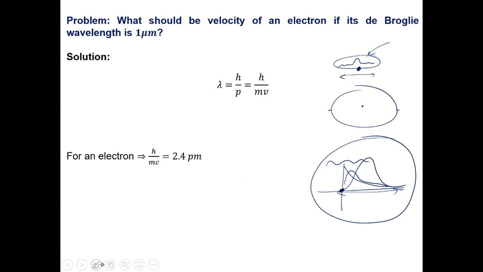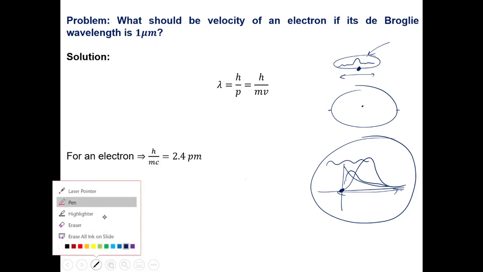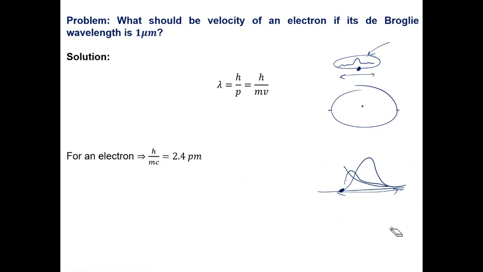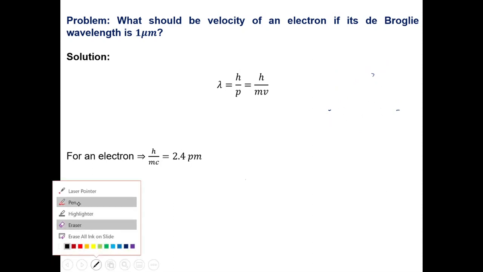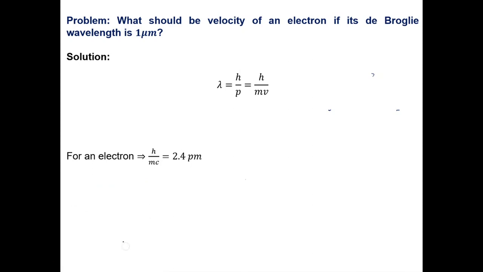Okay, so let's again look into this problem. We have seen earlier that momentum p was given by h by lambda.